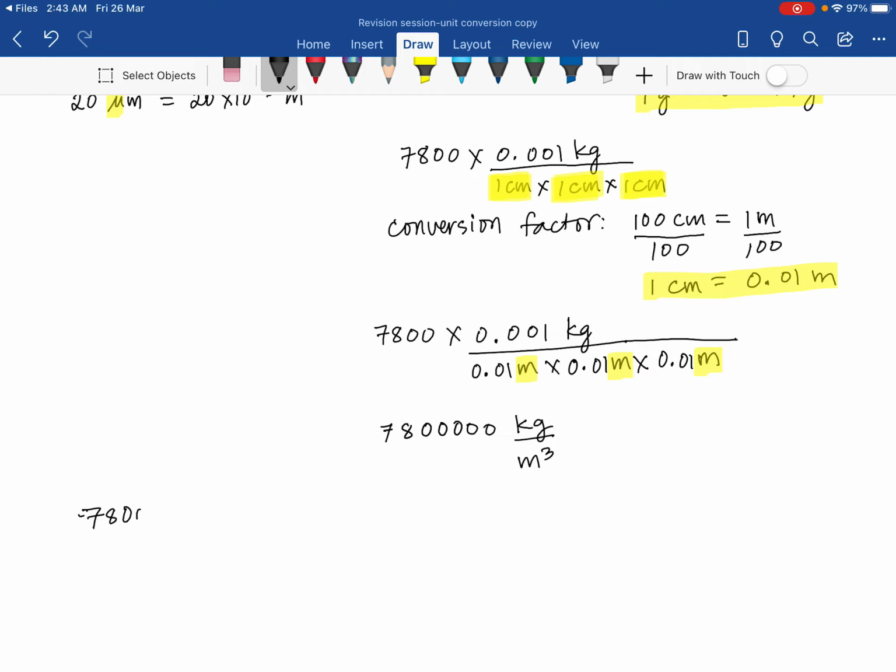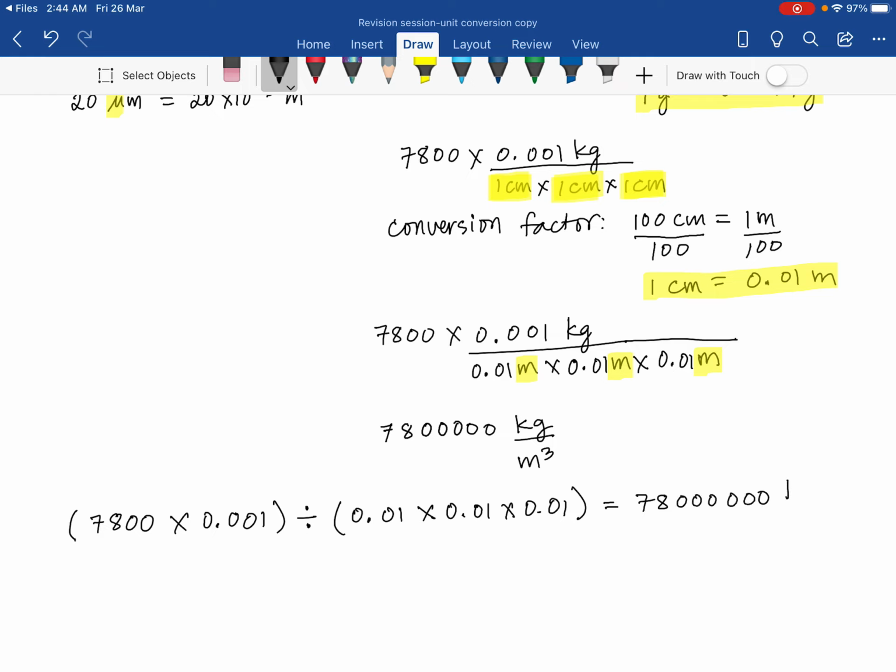So bracket 7,800 times 0.001 divided by, you have to bracket the whole thing below the denominator sign: 0.01 times 0.01 times 0.01. Okay, and you should get 7,800,000.